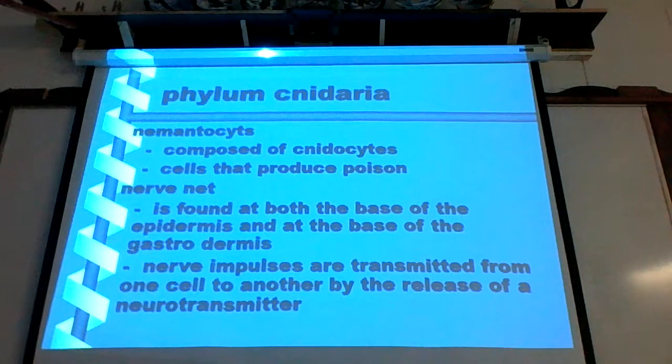To move. That velum, that structure that you see that has that radial symmetry on top, that flexes. And when that does that, it just kind of propels that jellyfish along, whether it's moving up, down, sideways, left, or right. So in order to do that, you have to have a neurotransmitter send that message through a very basic nervous system. That's right.